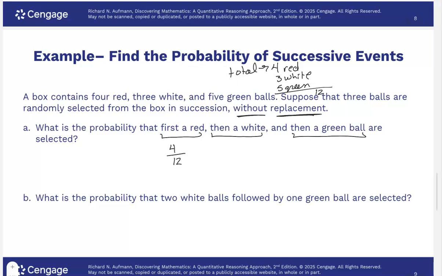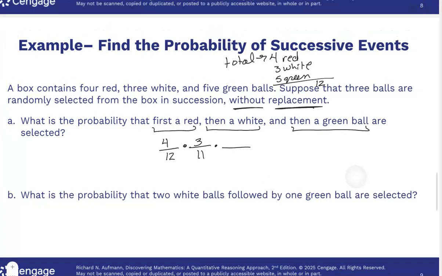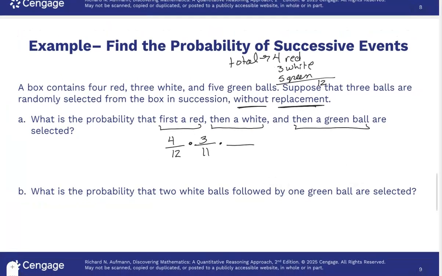We are going to pretend that we selected a red ball the first time, and we're going to keep that red ball out. So now we are down to 11 balls. So you can see how that denominator changed. And we want the probability that the second ball is going to be white. And there are 3 whites remaining out of those 11. And then we're going to look at that third event. So we picked the red, and then we picked the white, and then we're going to pick a green.